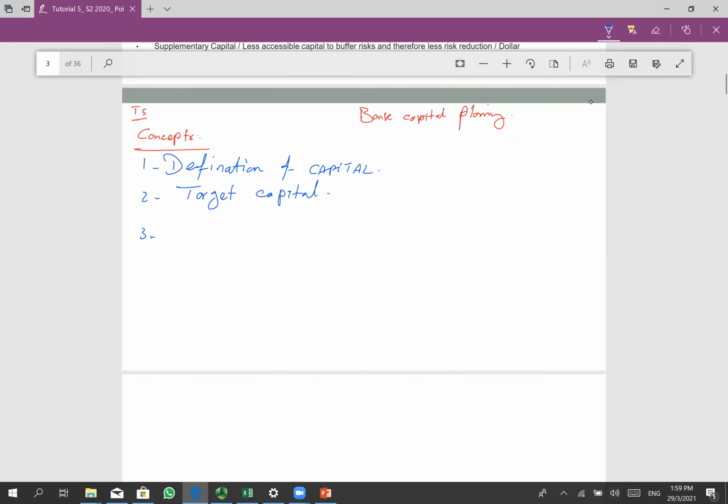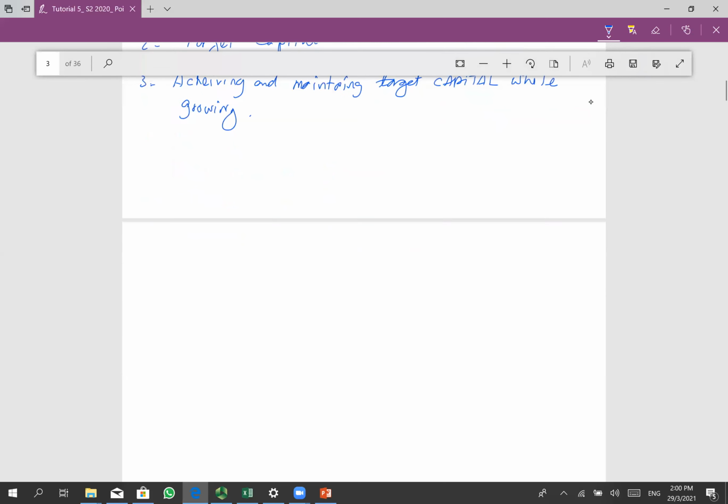To manage it, we have what we call achieving and maintaining target capital while growing. So we have 2 models.